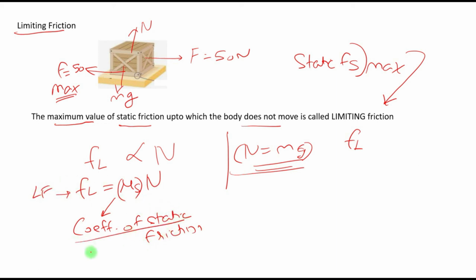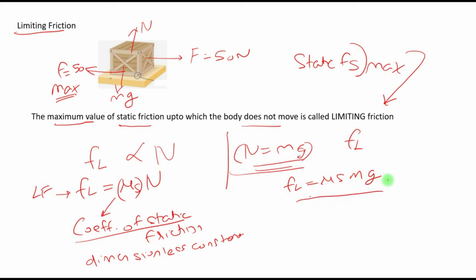This is a dimensionless constant. For this particular example where the normal reaction is mg, FL would be equal to mu s times mg, and this is the maximum value of the static friction. So write this down.